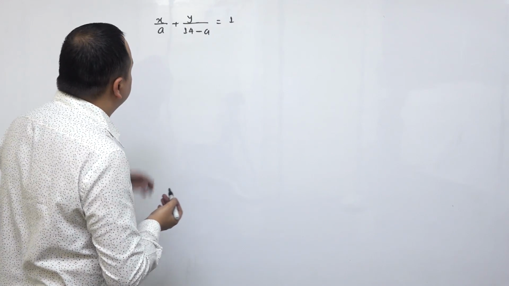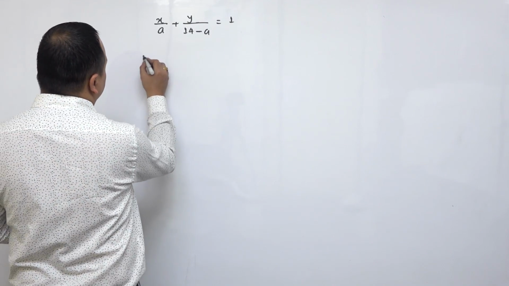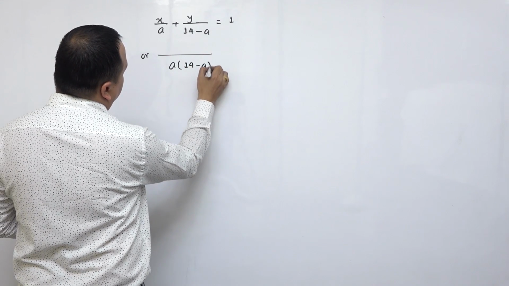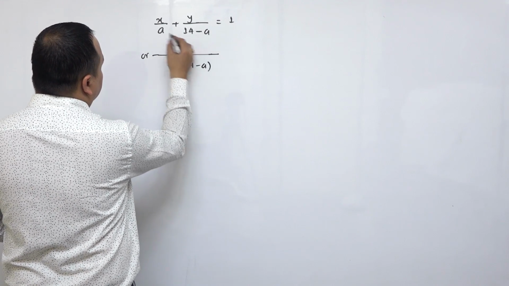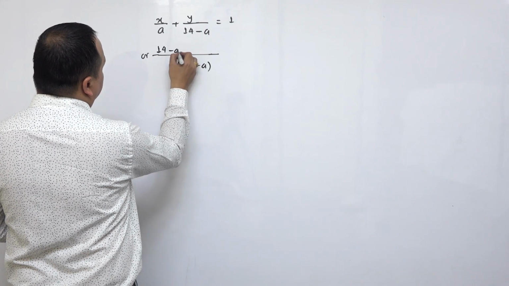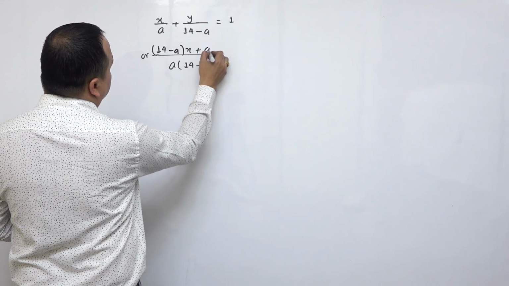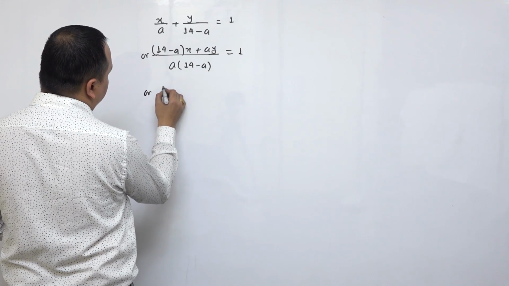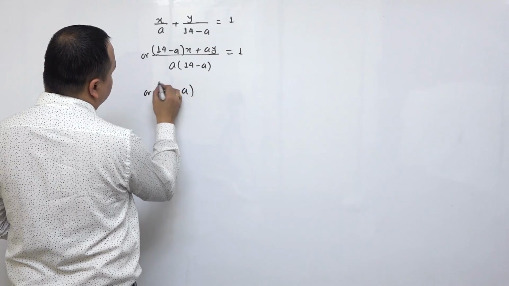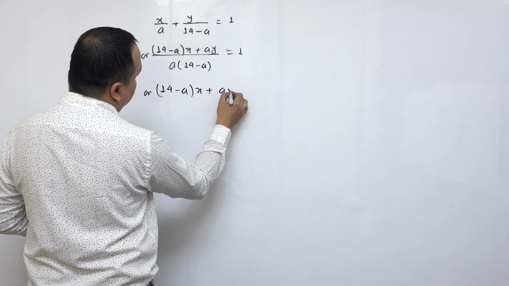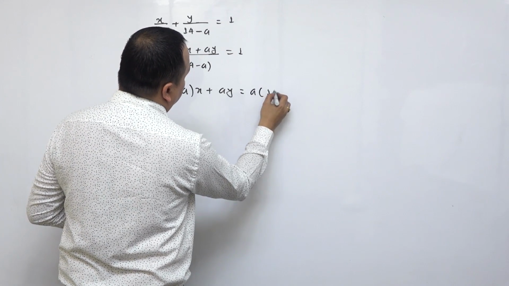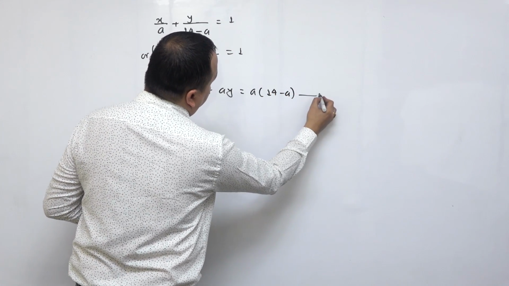Now taking LCM of A and 14 minus A, which is A times 14 minus A, we get 14 minus A times x plus Ay is equal to A times 14 minus A, equation II.